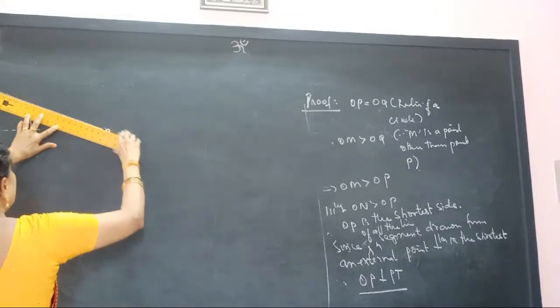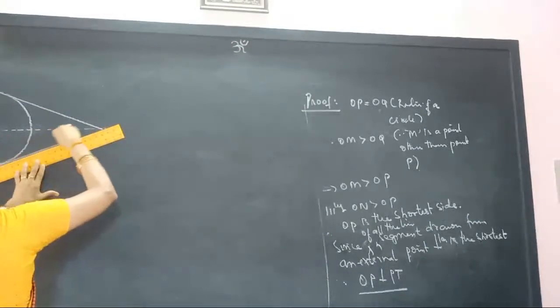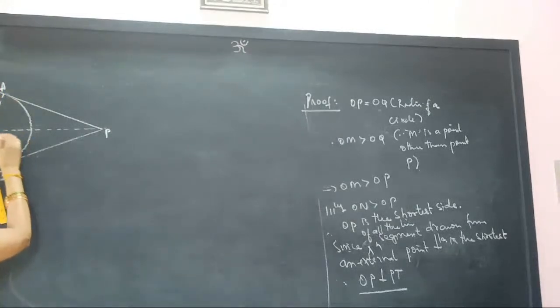PA and PB are a pair of tangents drawn to a circle with center O. We need to prove they are equal in measure.